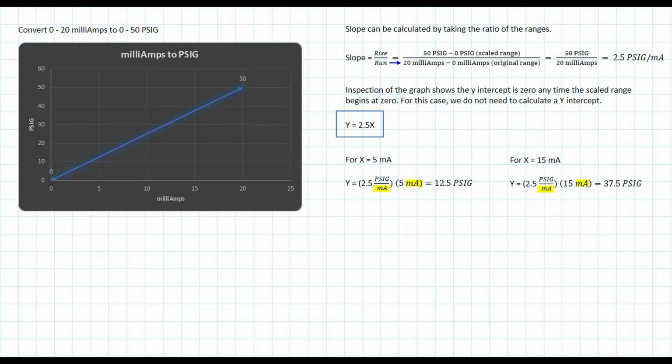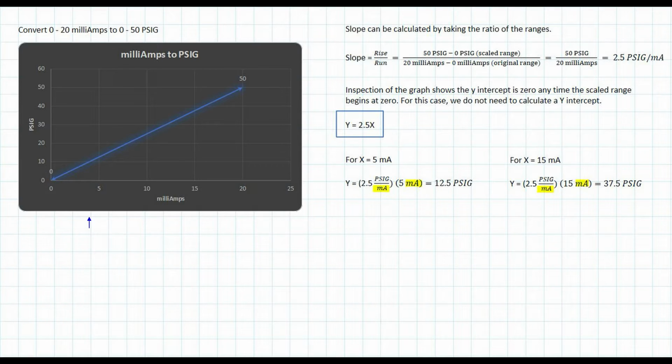The original range is 20 milliamps minus 0 milliamps, or 20 milliamps. This gives us the ratio of 50 PSIG for 20 milliamps, or 2.5 PSIG per milliamp. Keeping track of the units will allow us to do some cross-canceling and double-check our results.